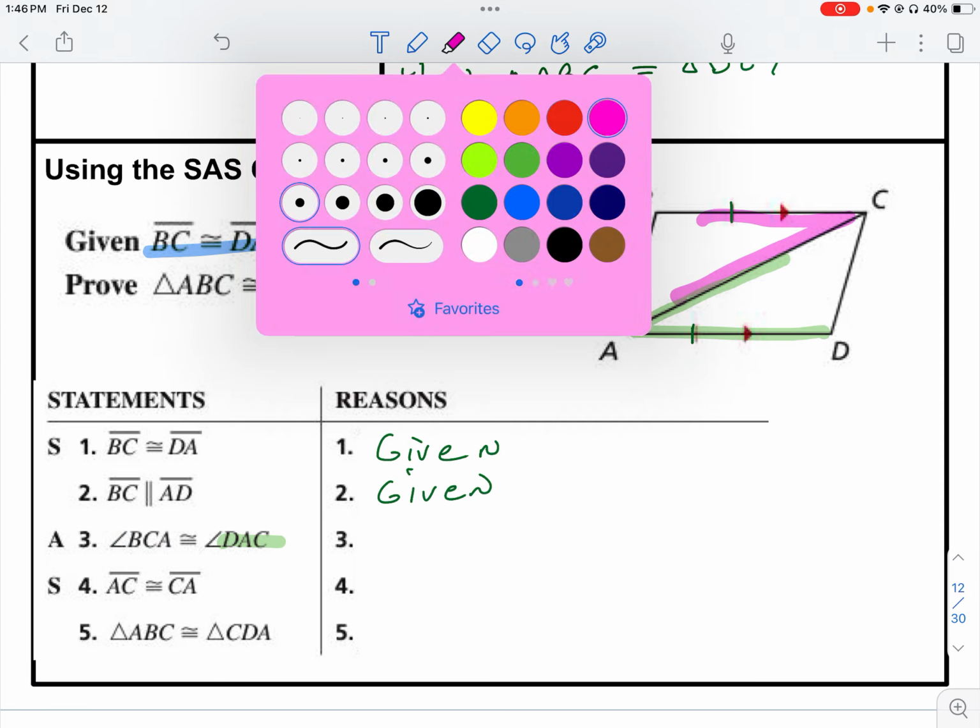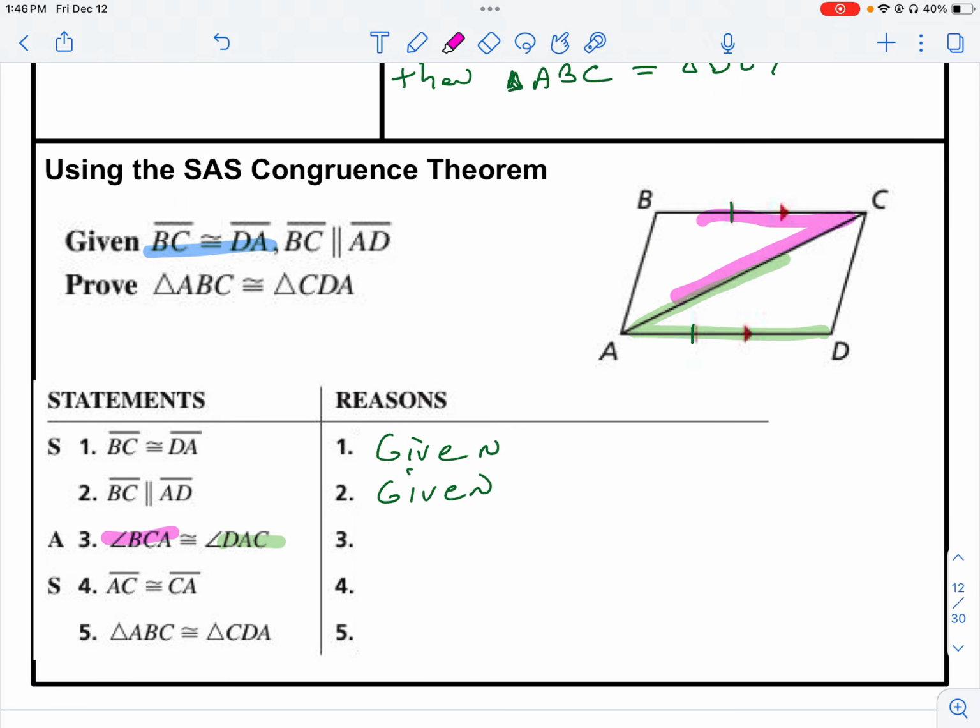Let's get our colors straight. And how do we know that's true? Well, we've got two parallel lines cut by a transversal. So by alternate interior angles, those angles are congruent. So this is congruent to this.